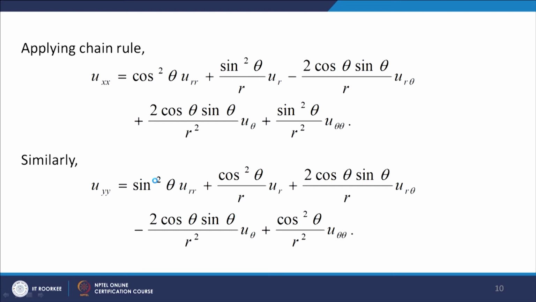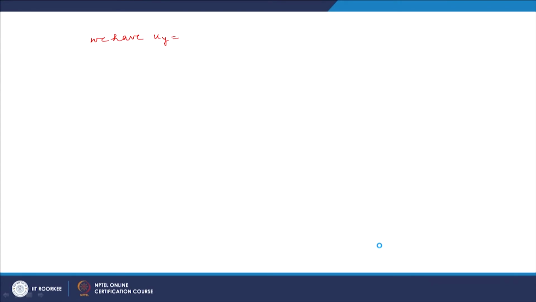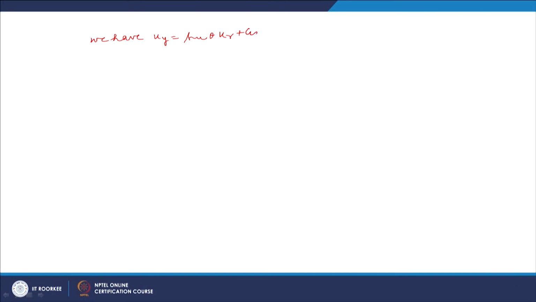Okay. So we have u y, which we found to be equal to sin theta u r plus cos theta over r u theta. So here also we can find u y y as del over del y of u y.